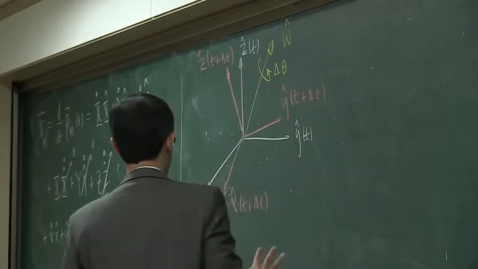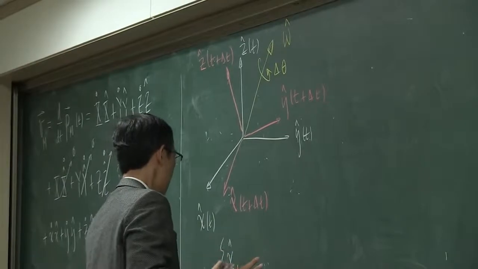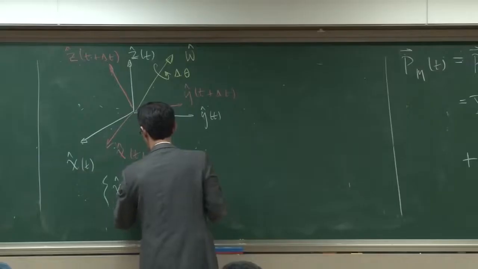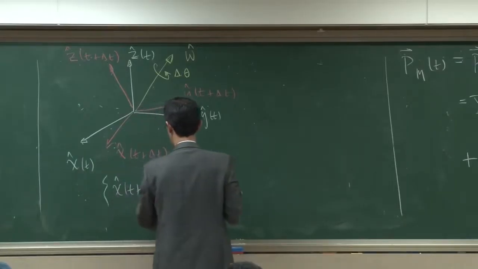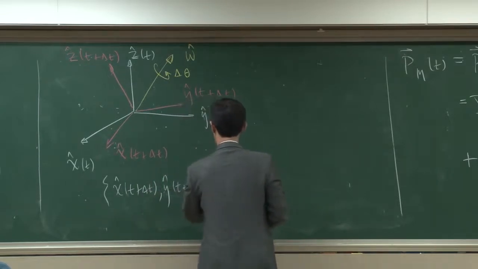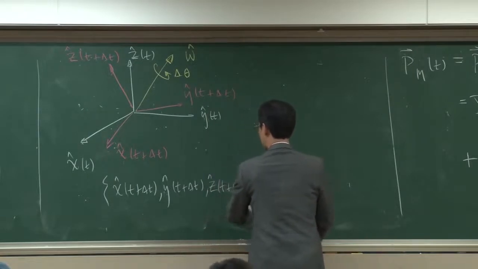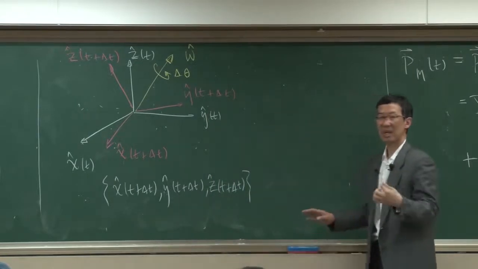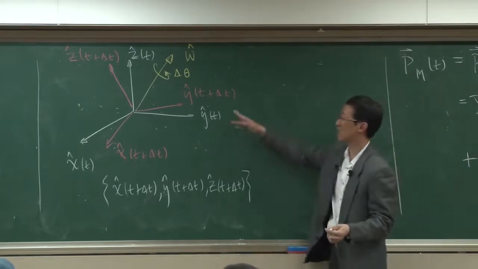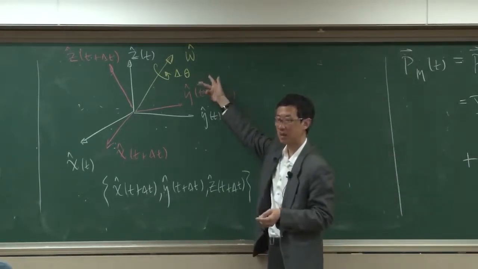So what we're saying here is that x hat t plus delta t, y hat t plus delta t, z hat t plus delta t can be obtained as a rotation of the x, y, z frame about this axis omega hat by an angle theta.